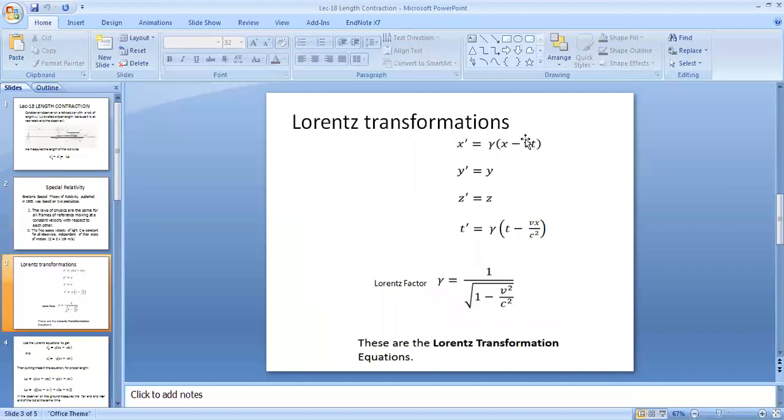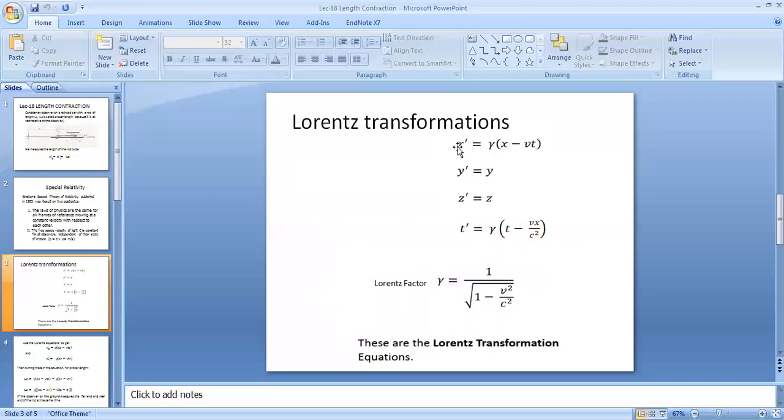As per the Lorentz transformations, which are compatible with the special theory of relativity put forward by Albert Einstein, x is the stationary coordinate and x dash is the moving coordinate.